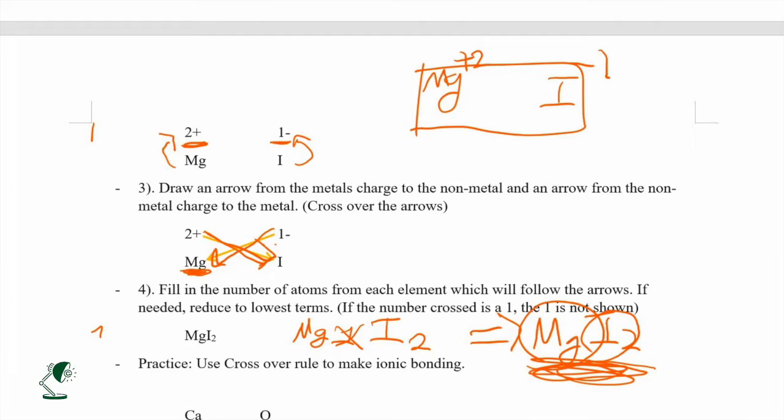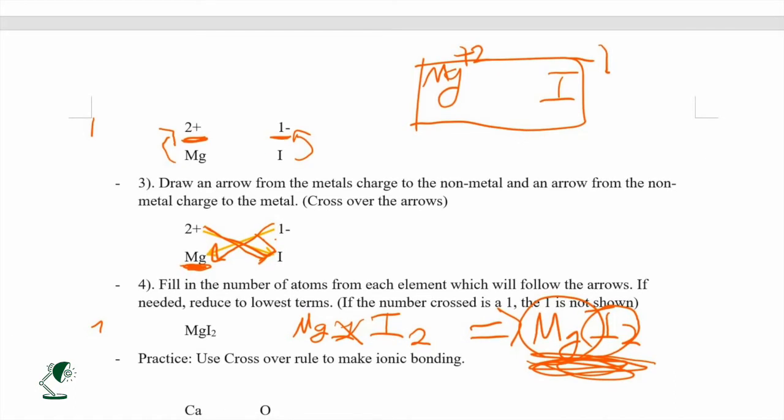Okay, why don't we do some practice questions down here? Practice: use the crossover rule to make ionic bonding. So we have Ca, calcium, with oxygen. Okay, so get your periodic table and let's see the ionic charge of calcium and oxygen.